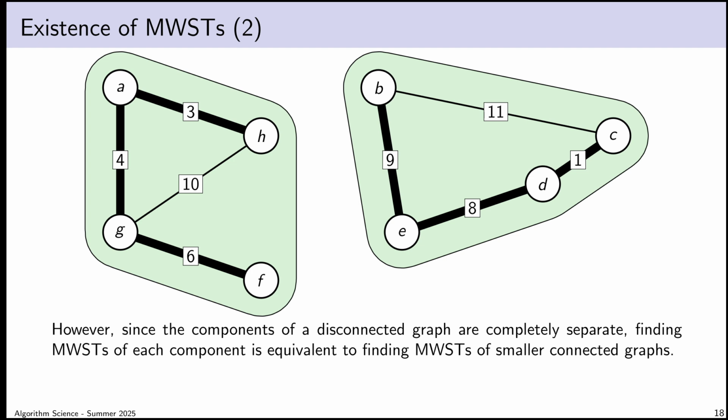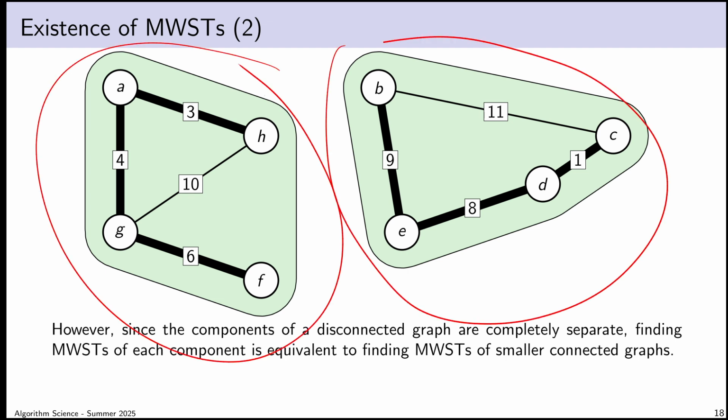On the other hand, it is true, as we know, that the components of a disconnected graph, being completely separate things, could just be treated as separate graphs. So suppose my country consists of 2 islands, each of which I want to connect with a power line network. Well, in that case, what I could do is just treat each island separately and solve the minimum weight spanning tree problem on that. I guess I end up here with a minimum weight spanning forest or something.